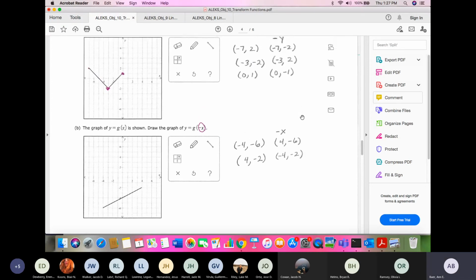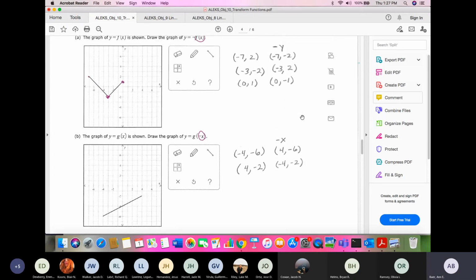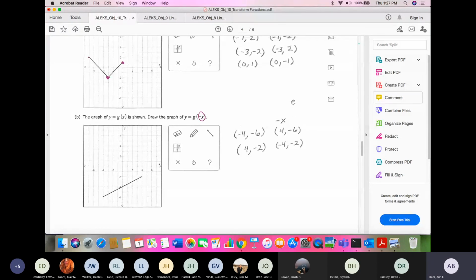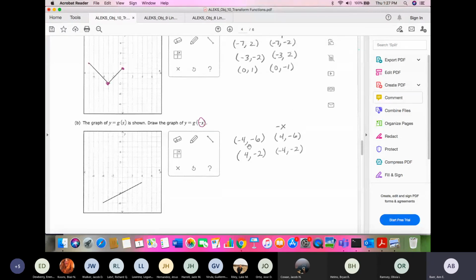And the way you would deal with these in ALEKS, and we'll see this in a bit, is you would plot all of these ordered pairs, and then you would connect the dots from left to right. That's really what it is, considering the endpoints as dots. Here you would plot these, because you already have a plot of that.